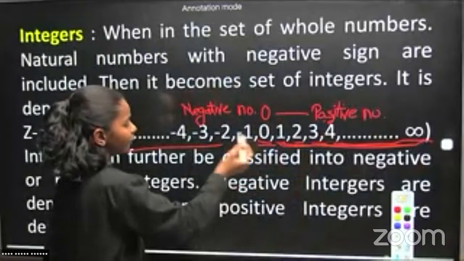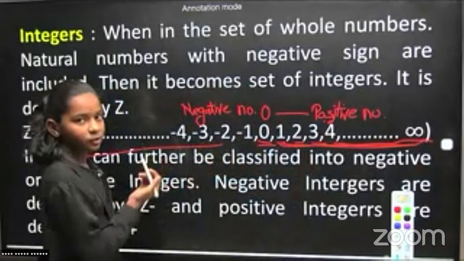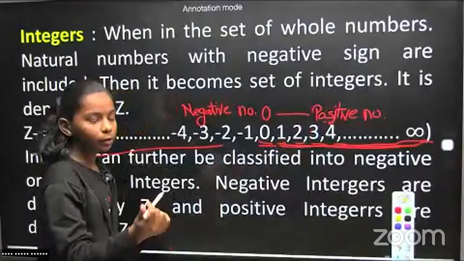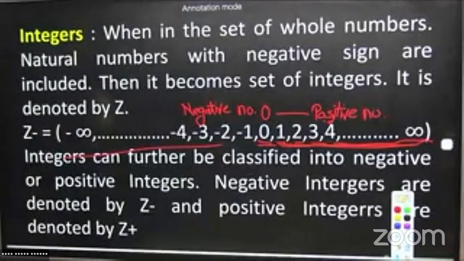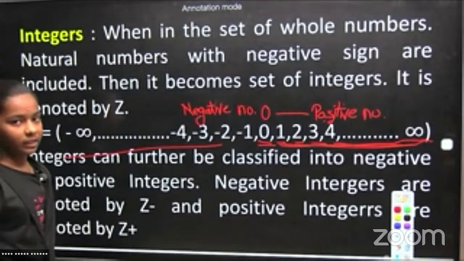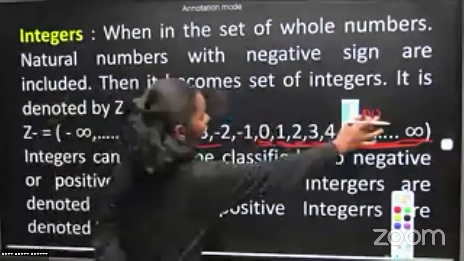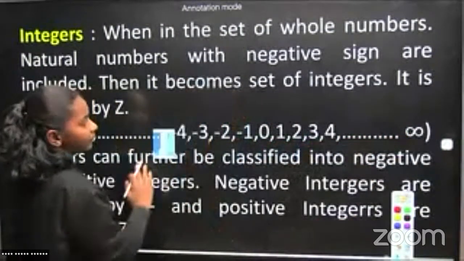After 0 and before 0, they are negative integers. -1, -2 are negative integers, and this is positive integers like 1, 2, 3, 4. Negative integers are denoted by -z, and positive integers are denoted by +z. Negative integers and positive integers are denoted by z.